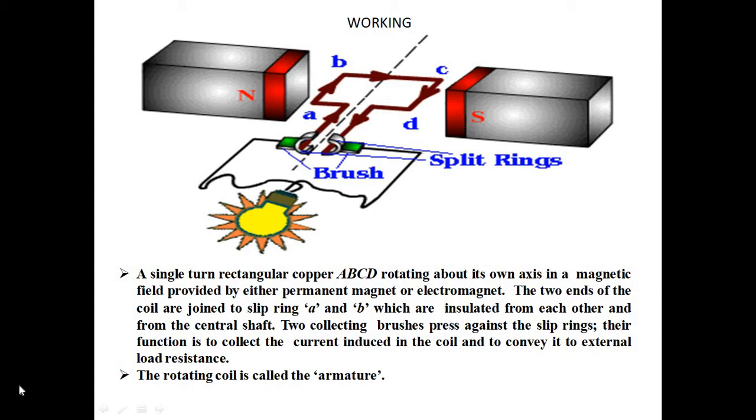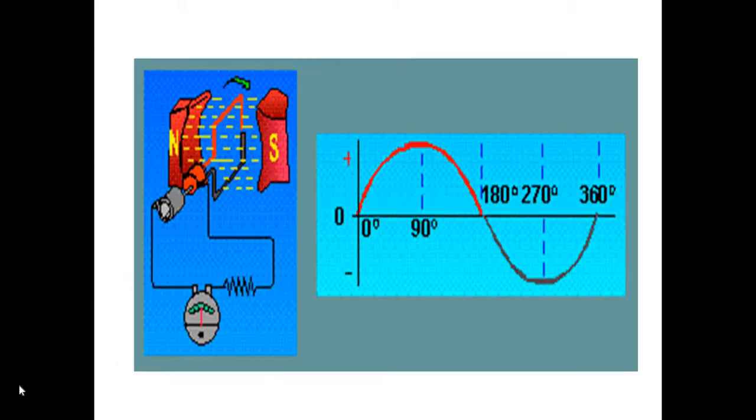Two collecting brushes rest against the slip rings. Their function is to collect the current induced in the coil and convey it to the external load resistance. The rotating coil is called the armature.